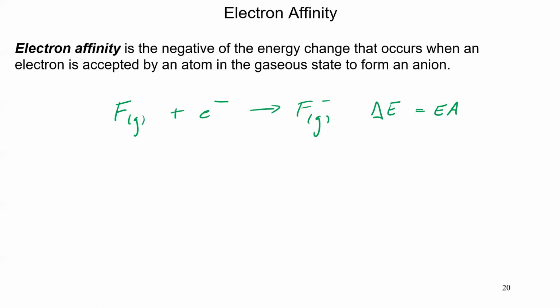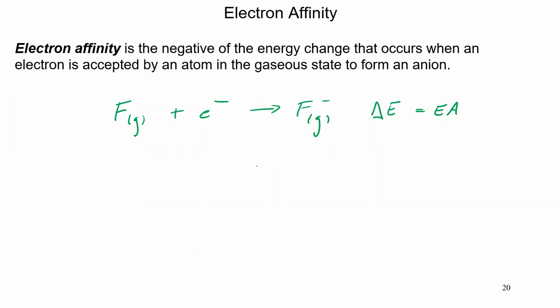Now, it just so happens that for the vast majority of our elements, adding an electron is actually more stable, because we have a negatively charged electron and a positively charged nucleus. Pulling those two charged things together is actually a little bit lower in energy.